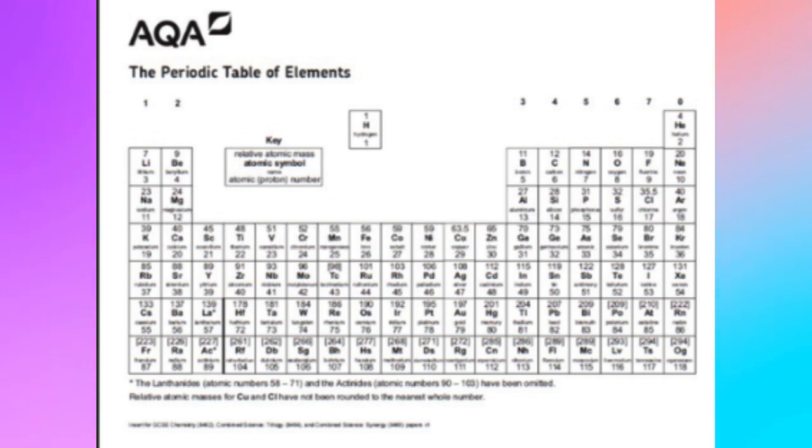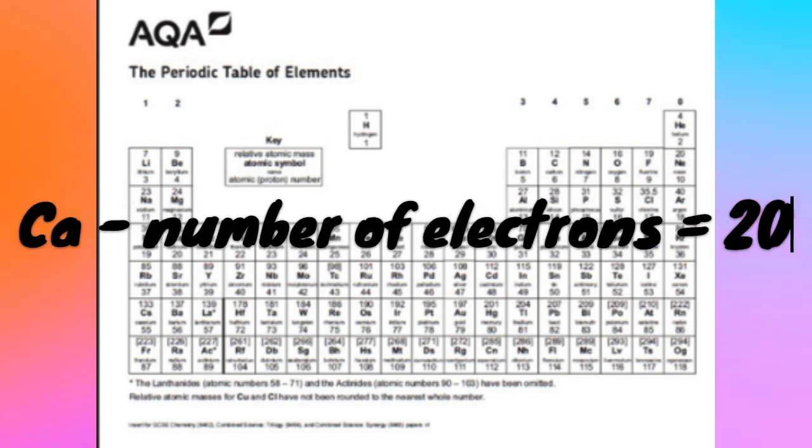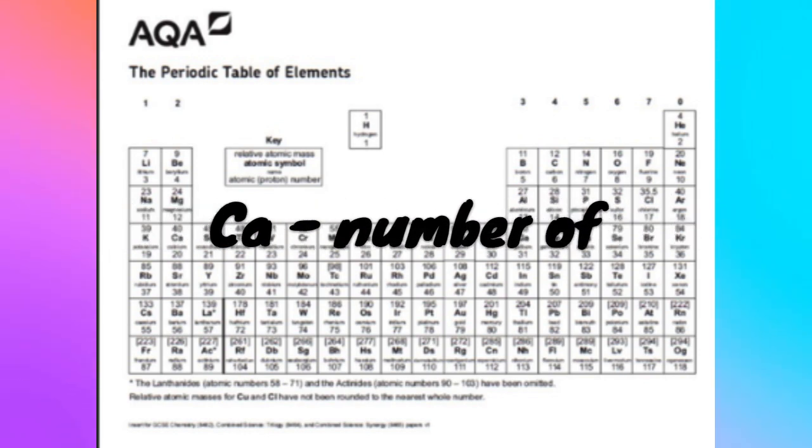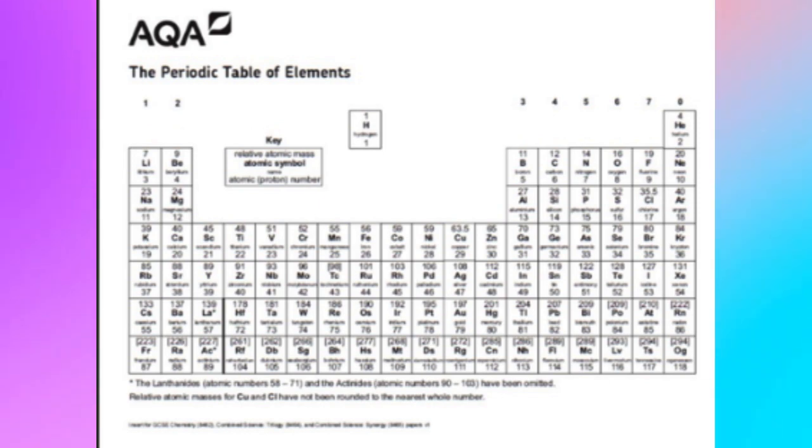Okay, so we know that its atomic number is 20, which means that its number of protons is 20. And we know that the number of protons within an element is the exact same as the number of electrons within an element. So the number of electrons within calcium will also be 20. So to write the electron arrangement, we know that the maximum number of electrons within the first shell is going to be 2.